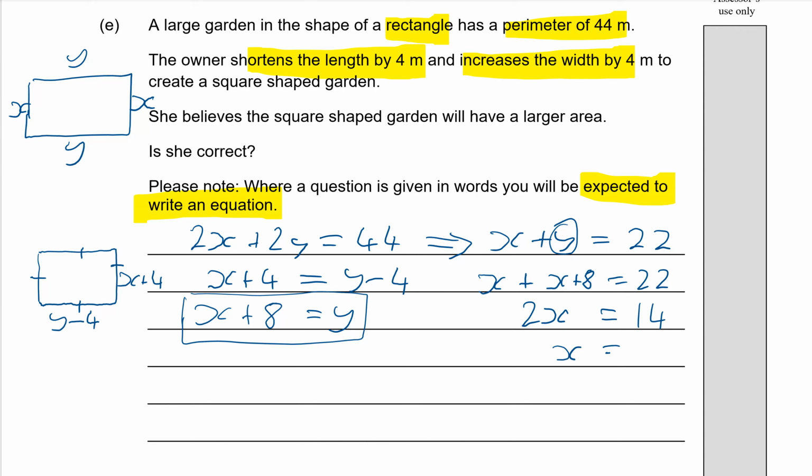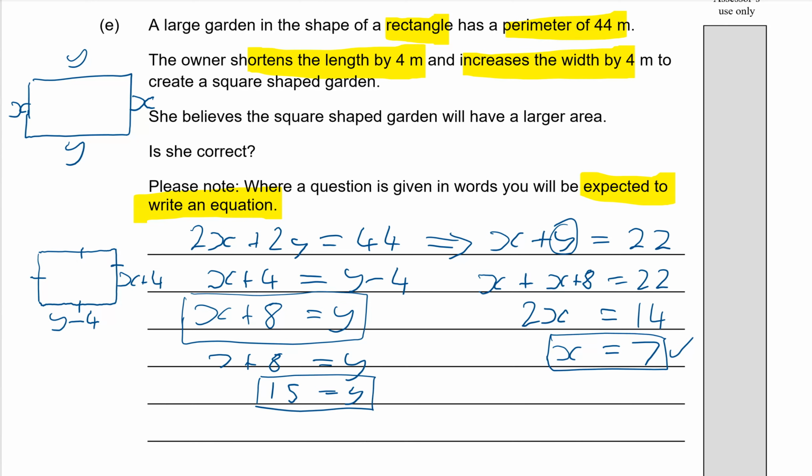Divide both sides by 2, x equals 7. Great, so x equals 7. And now I can substitute this back in. y is x plus 8. x is now 7. 7 plus 8, y is 15. Alright, so I've got my values for x and y.